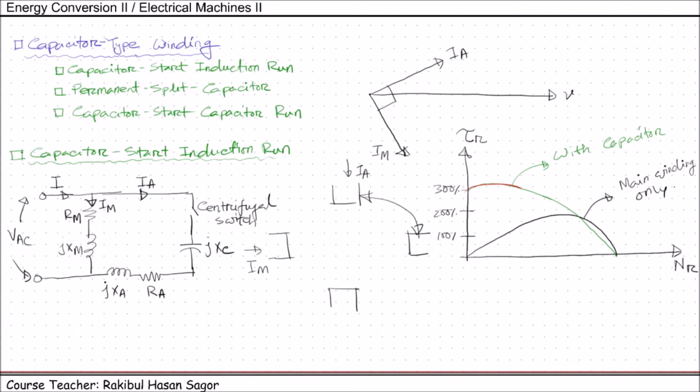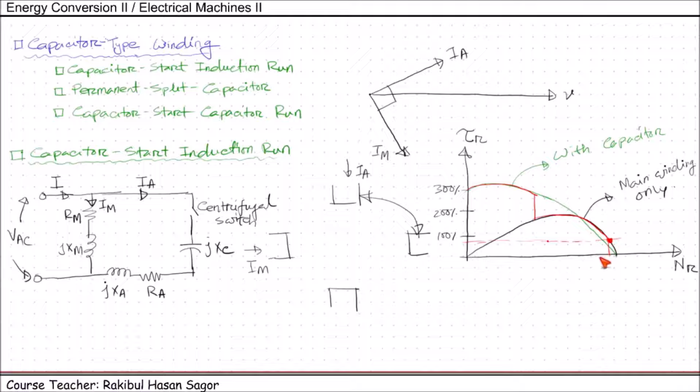After attaining a certain amount of speed, the centrifugal switch will be disconnected and it will come back to its main winding condition, and it will move here and keep operating based on the load connected with the motor. Suppose this is the connected load, so the operating point will be this and the corresponding speed will be this.